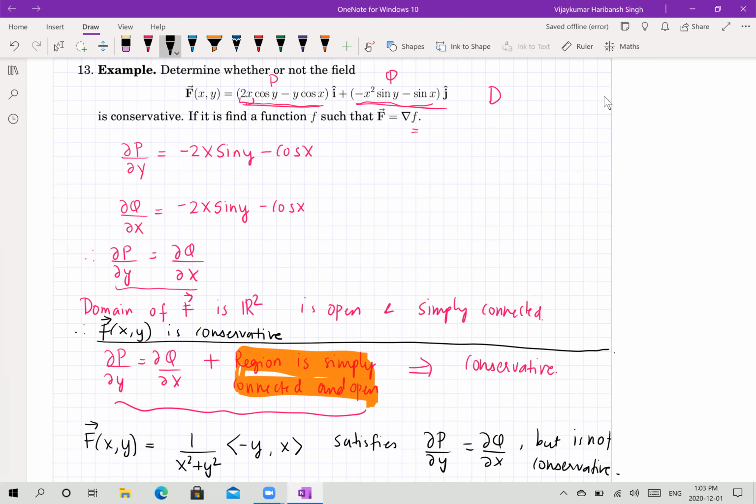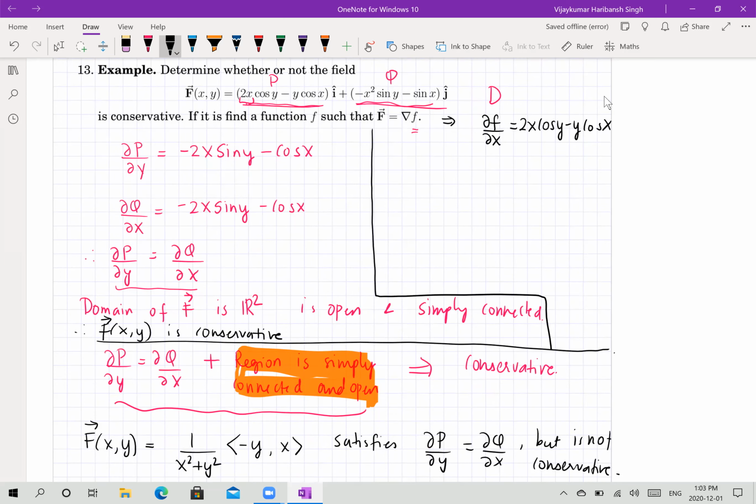Now part 2 of this problem is to find f. This implies ∂f/∂x equals 2x cos y minus y cos x.